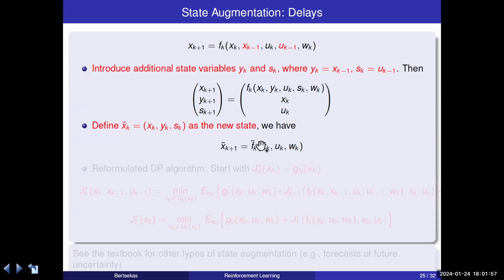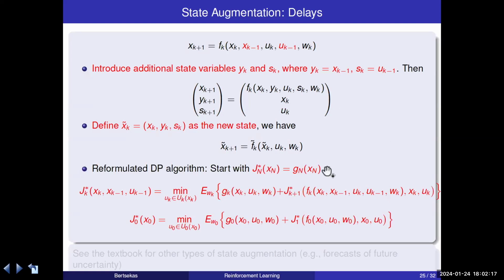And F tilde_k is the mapping that corresponds to these expressions here. So now, once we have done this reformulation and we have a cost function, we can write a dynamic programming algorithm for this augmented problem, augmented system.